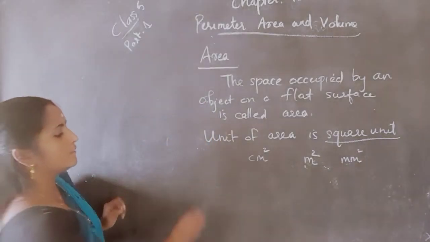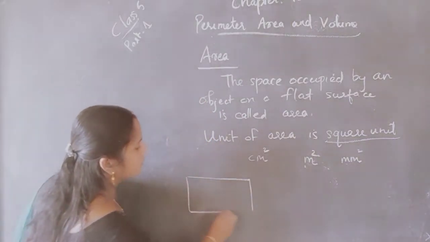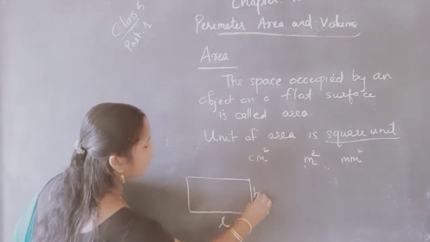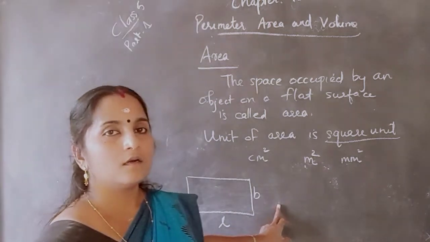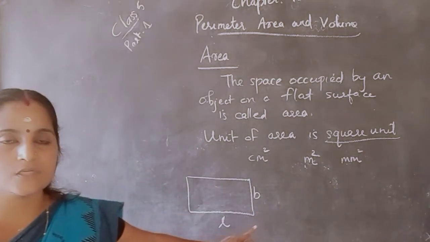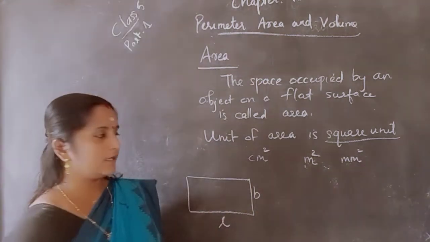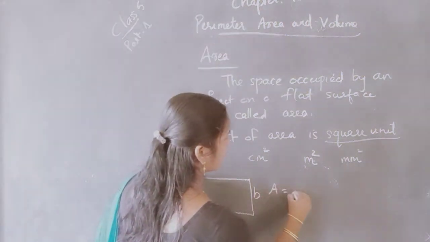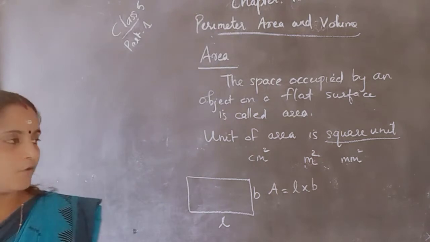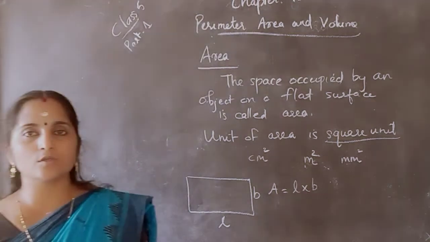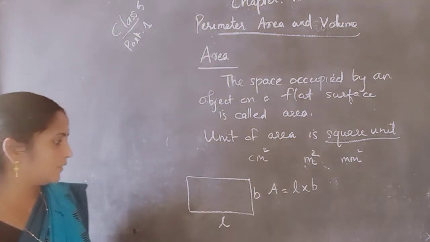Then, to find out the area of a rectangle, we multiply the two measures, 2 dimensions, and we get the area. That is, area of a rectangle is equal to length into breadth.